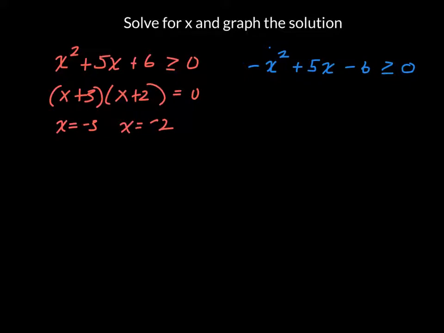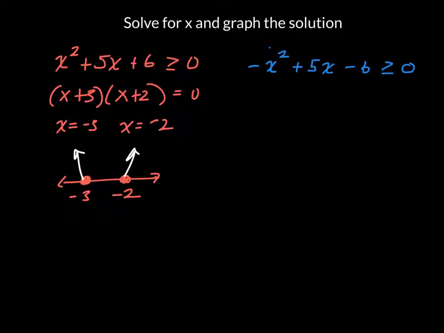So at this point, this is what I want to talk about with this quadratic again. At this point here, I have negative 3, and at this point I have negative 2. Now, generally speaking, if this were a graph on a coordinate plane, this graph would be going up like this and up like this.